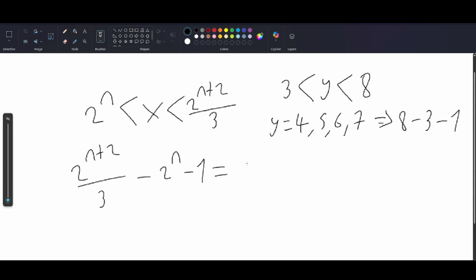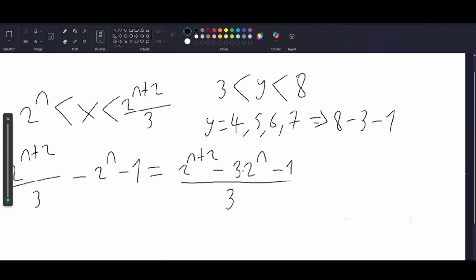Let's have a common denominator like this: 2 to the n plus 2 minus 3 multiplied by 2 to the n, minus 1, divided by 3. And we can also simplify this further.